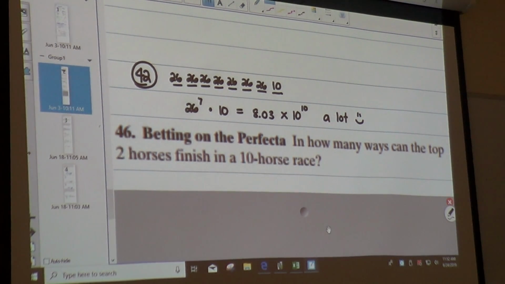How many ways can the top 2 horses finish in a 10-horse race? What are y'all thinking?